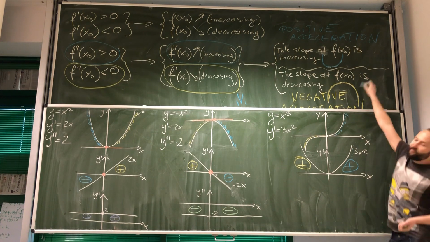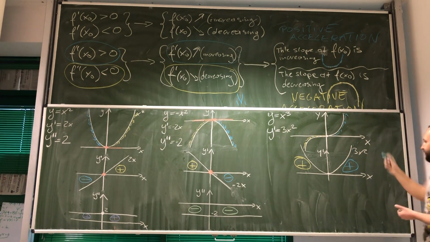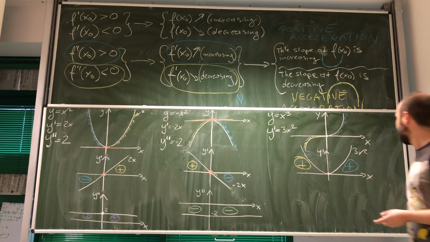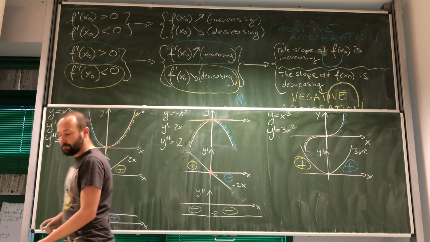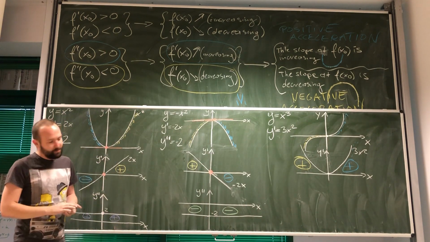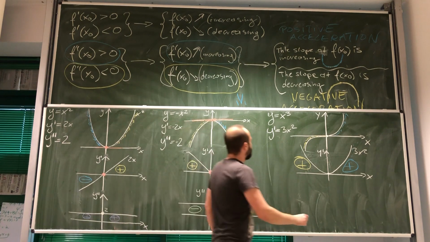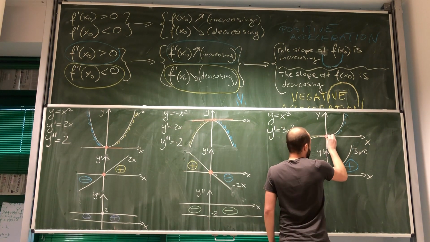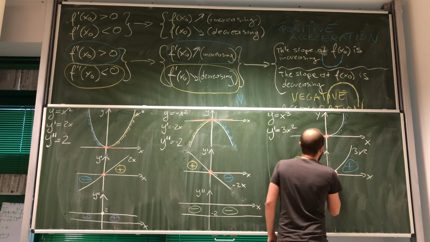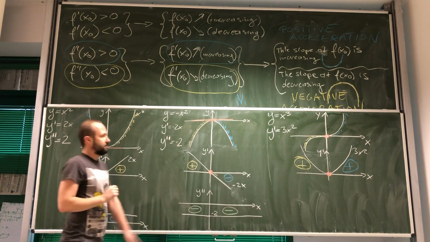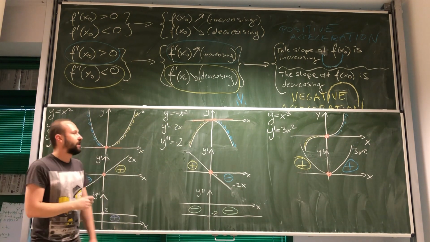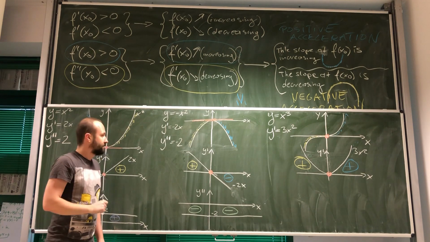And the function starts to increase faster and faster. Okay. But in this case we might have a problem, right? Because using the first derivative test only, we could get that this point is a candidate for maximum.